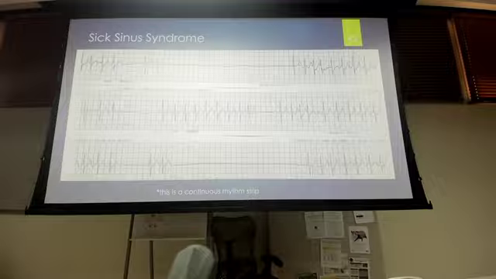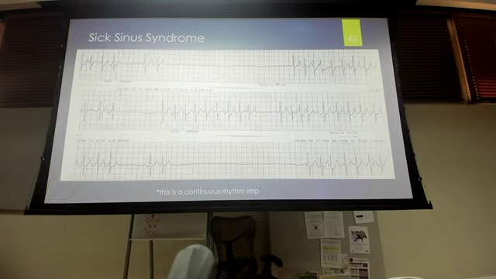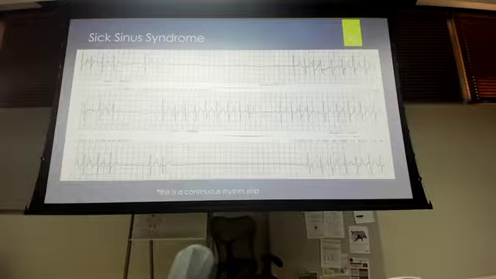During this entire time period, they're not having any cardiac movement. There's no depolarization, which means the ventricles aren't depolarizing. They're also not pushing out blood to the rest of the body. So these patients will be symptomatic, and their treatment for this is a pacemaker.